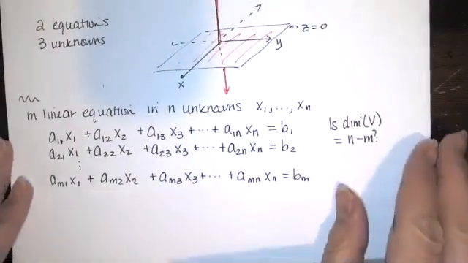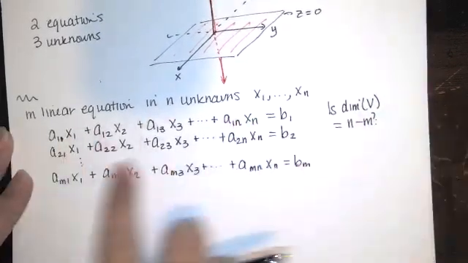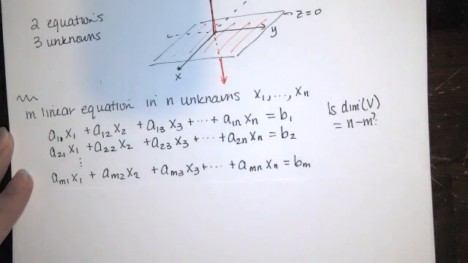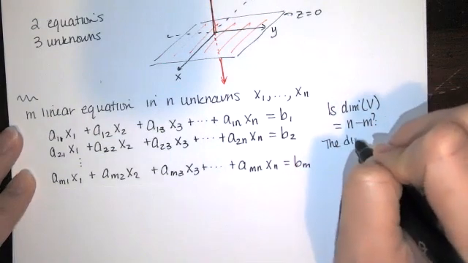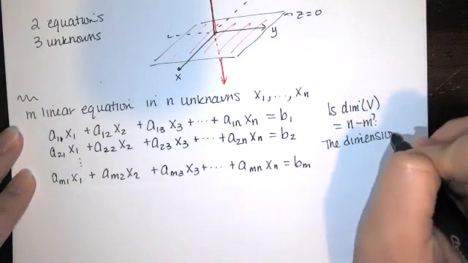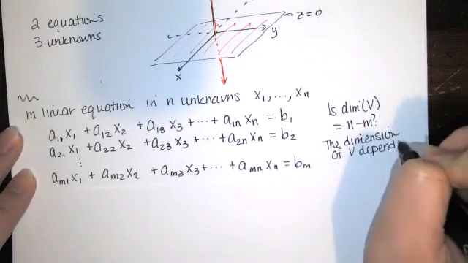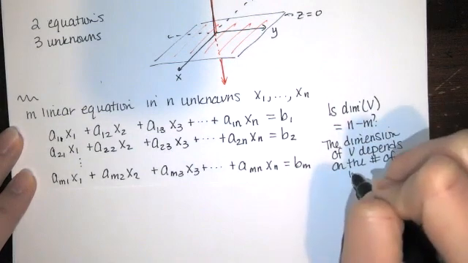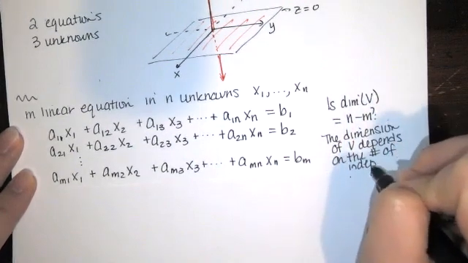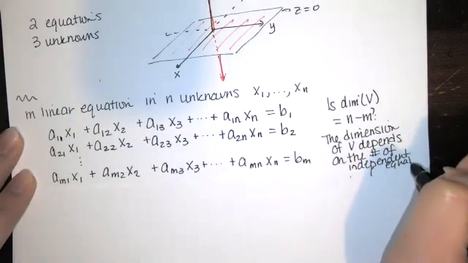And hopefully you remember from linear algebra that it really doesn't depend on the number of equations, it depends on the number of independent equations. Oops, independent equations, and I've run out of space.